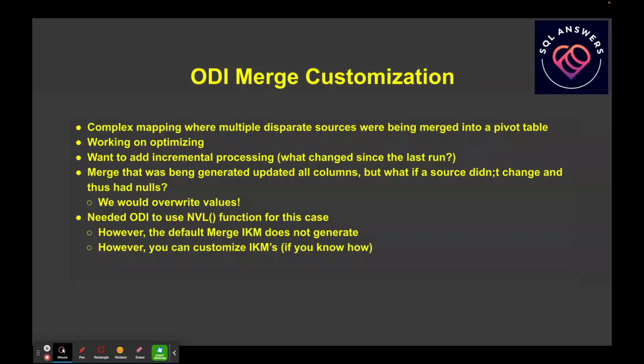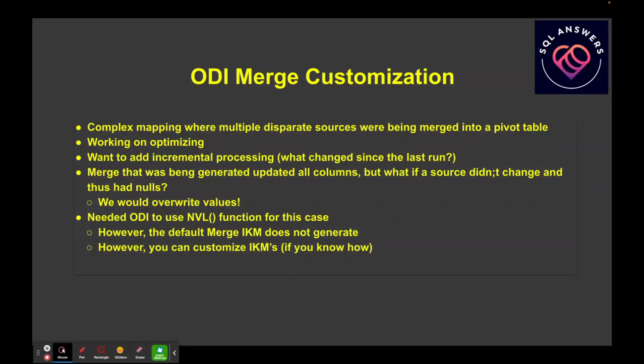So in order to optimize this mapping, we needed something in place so that we were actually using the NVL operator to check the value that we're merging in. And if it's null, we just retain the value in the target table. But there was no knowledge module in ODI that had this functionality.